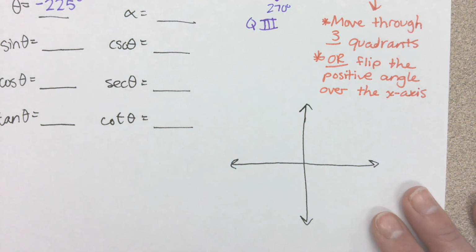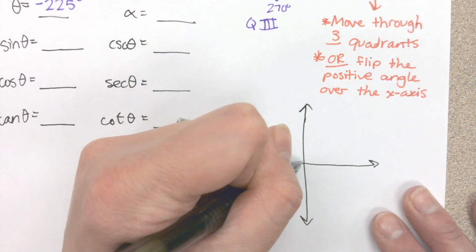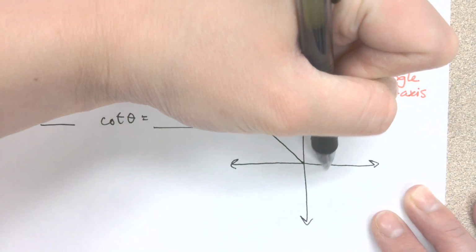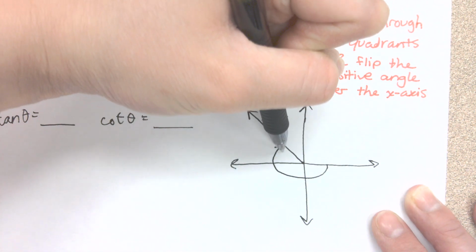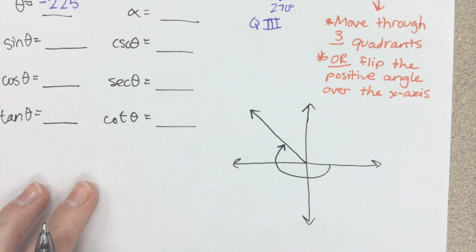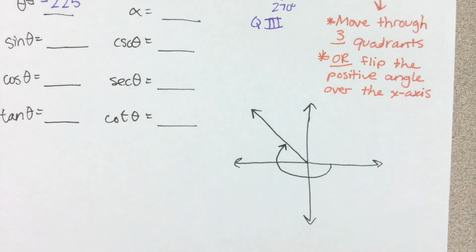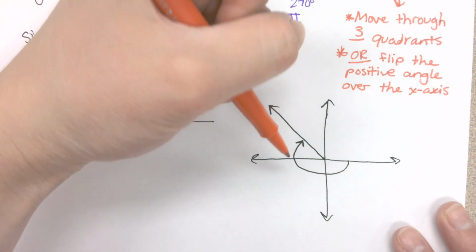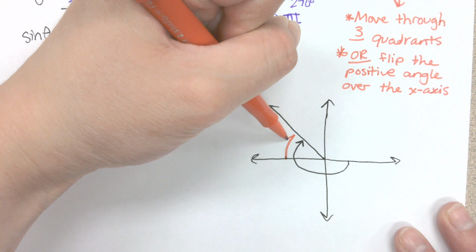So we know this is going to land in quadrant 2. Reminder, when you graph a negative angle, make sure you're drawing in the opposite direction. Alpha goes from the x-axis up to where your angle ends.